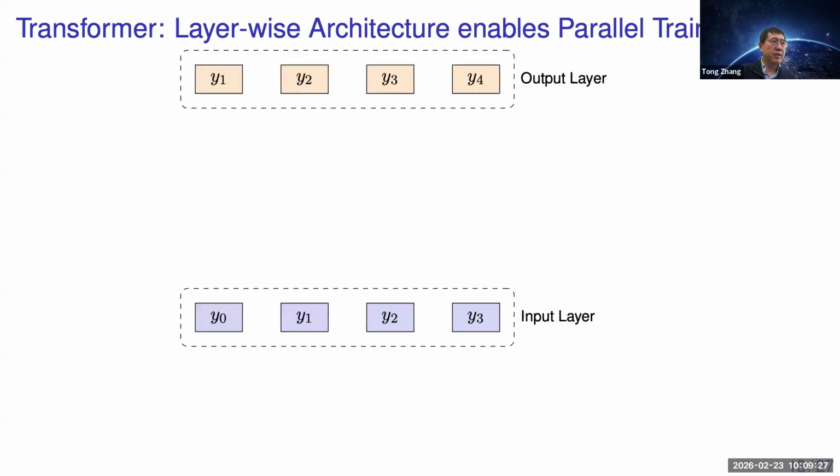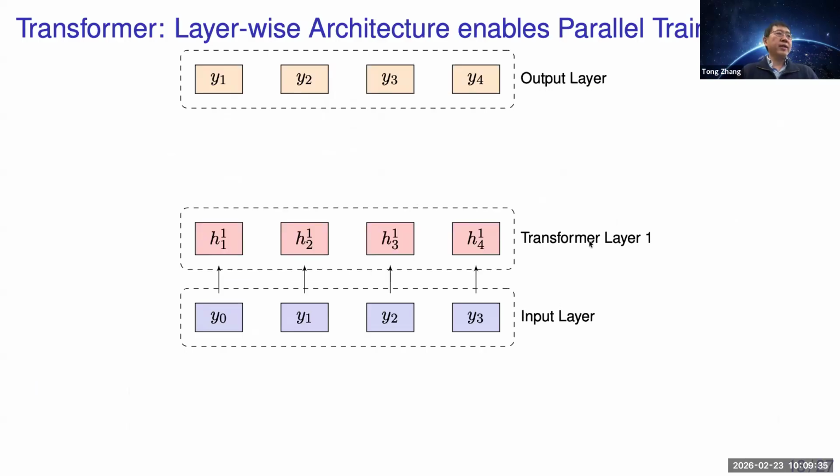So let's take a look at this layer-wise. This is just the input layer. Then there are the transformer layers, and we will talk about the transformer layer. This transformer layer has two components typically. One is attention, another one is FFN. FFN we'll talk about next time.